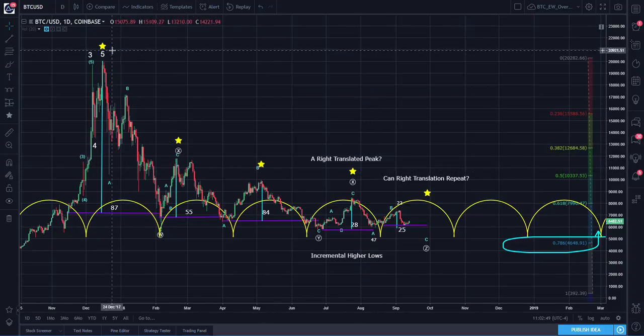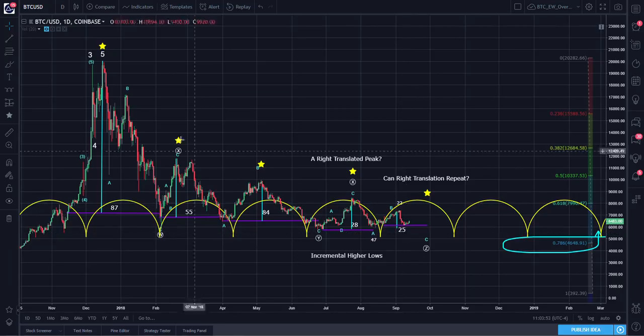I like it this way because it makes it look like a Christmas tree, as my kids say. And I also showed the trend of declining timelines: 87 days, 55, 84, 28 days, so far 25 days. Okay?